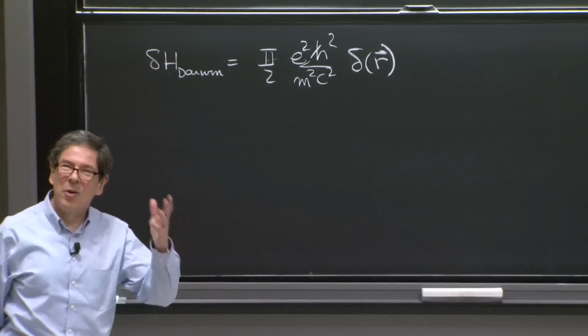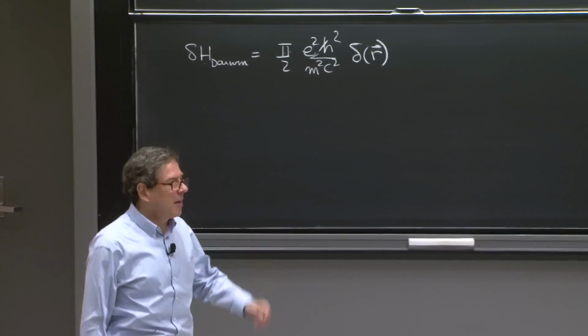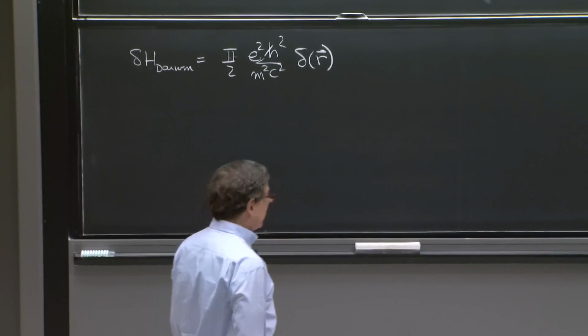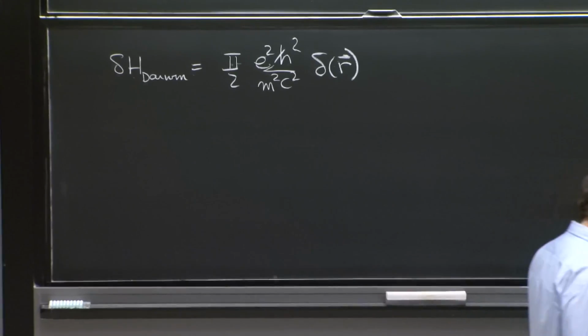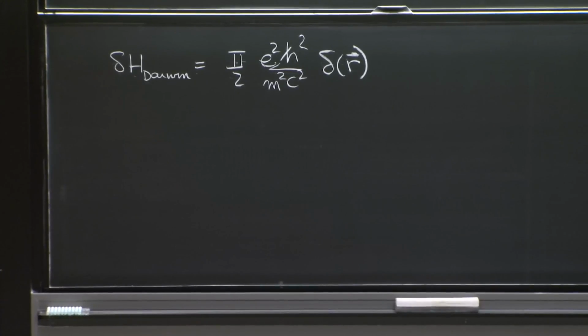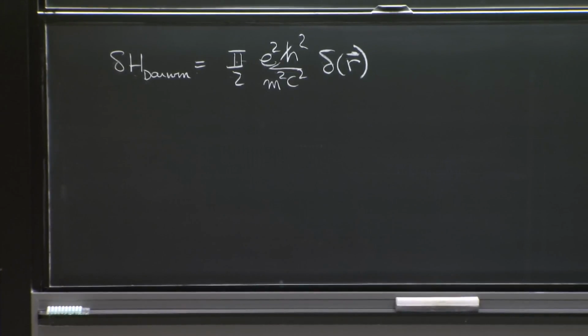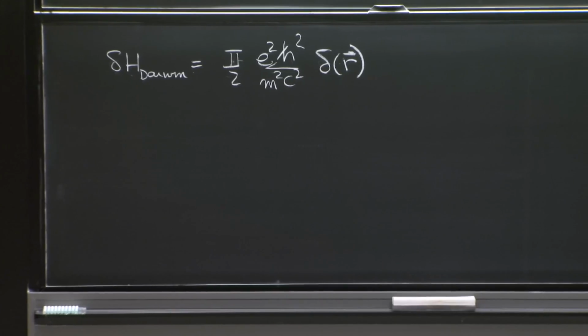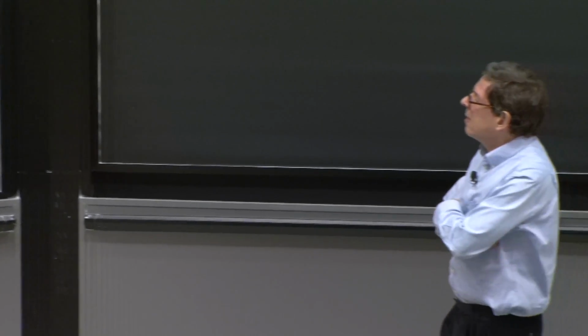All right, so that's our correction. And we want to do perturbation theory with it, how it affects the energy levels of the various states of hydrogen. So how are they changed? What does it do to them?